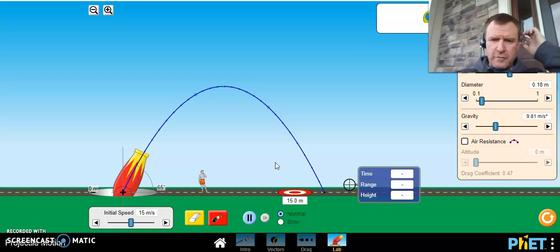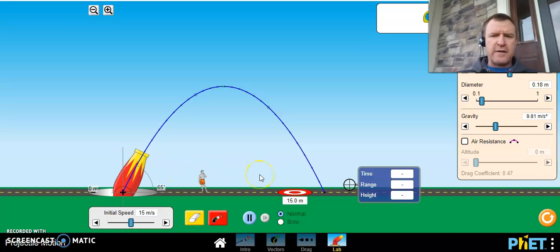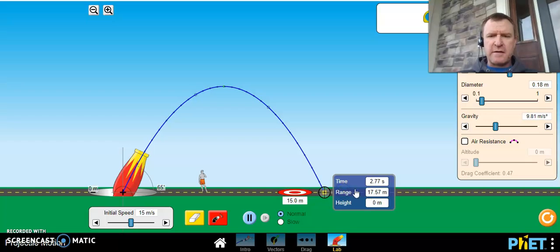They work together to get the overall range. So let's get a range on it. It went 17.57 meters. Now again, this has a fairly big vertical component of velocity, a smaller component of velocity in the horizontal direction.